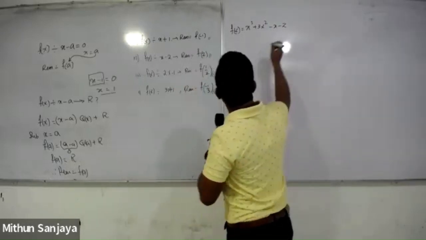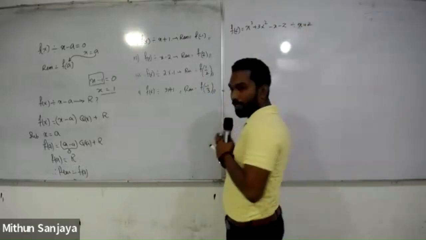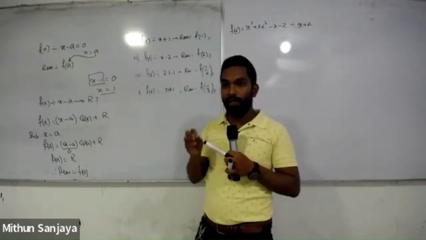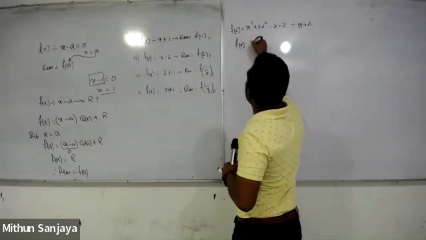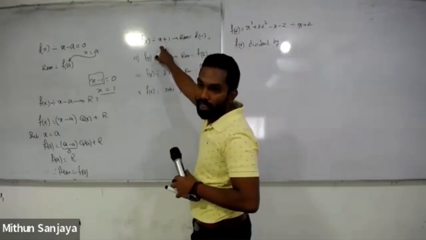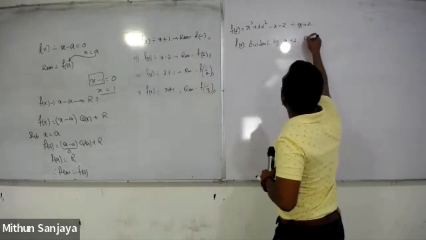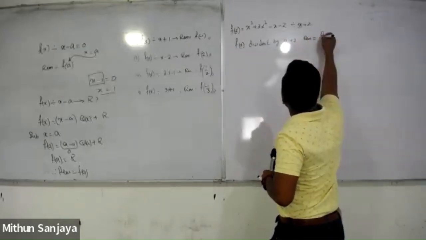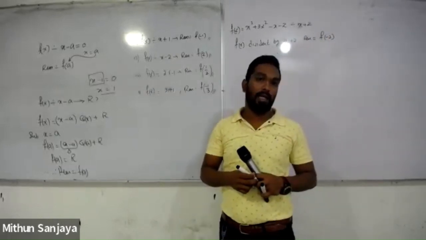First one is x plus 2. So first thing is we write the theorem: if f(x) is divided by x plus 2, the remainder is f(minus 2).